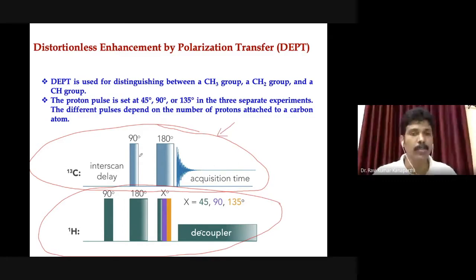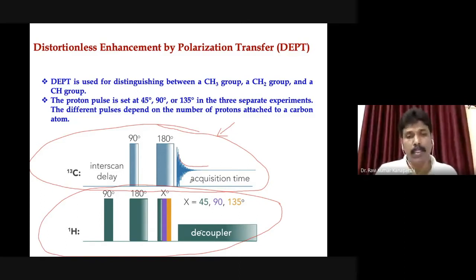We use a 90-degree pulse, then we give some delay, then we give a 180-degree pulse, and then we start acquiring the signal. That is the FID. The FID is generated, and if you process this FID, you will get the signal. All the carbons will be seen.